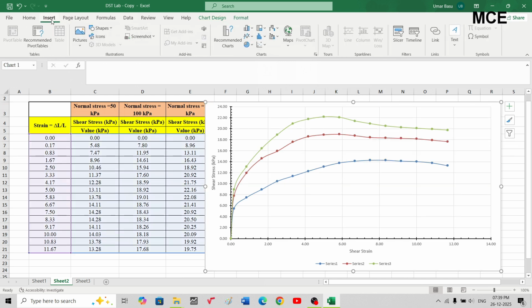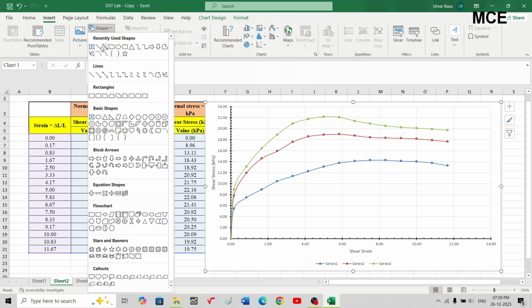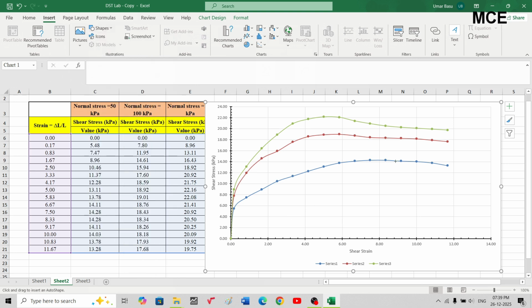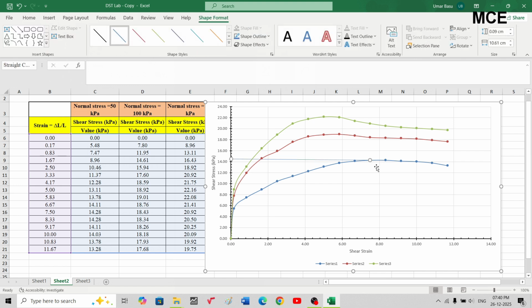Okay, so for the first normal stress of 50 kilopascal, the peak value is approximately 14.28. You can draw this. You can see it's approximately 14.28.